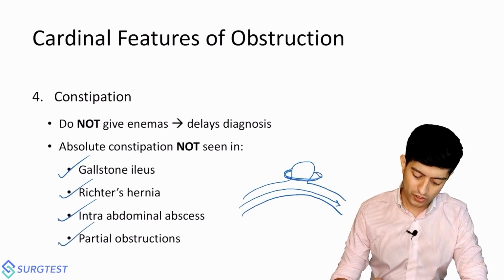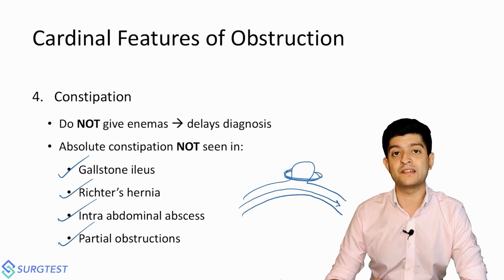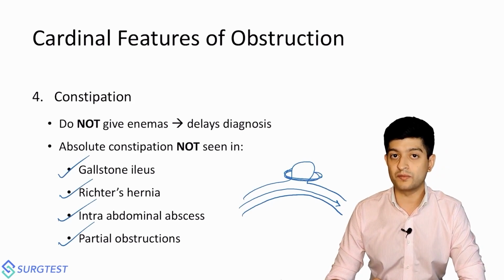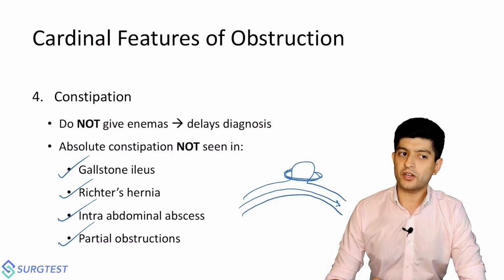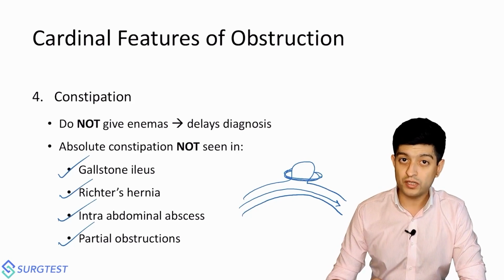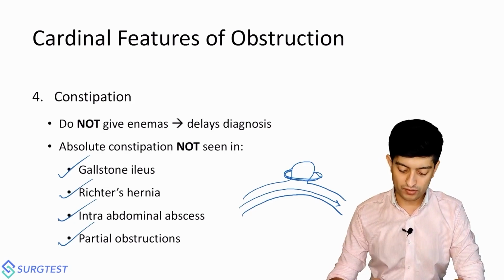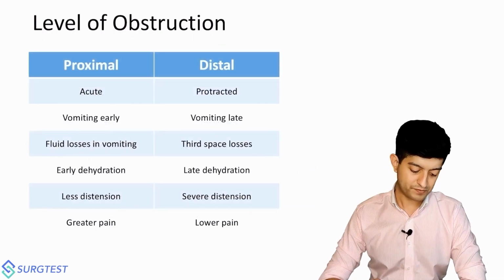And the last one is partial obstructions like strictures and malignancies, where the patient does have most of the features of obstruction, the other three: colicky pain, may have some evidence of vomiting, may have some abdominal distension, but obstruction may not be absolute because the lumen is not entirely compromised. It's just that it's been narrowed. So some contents may still pass through.